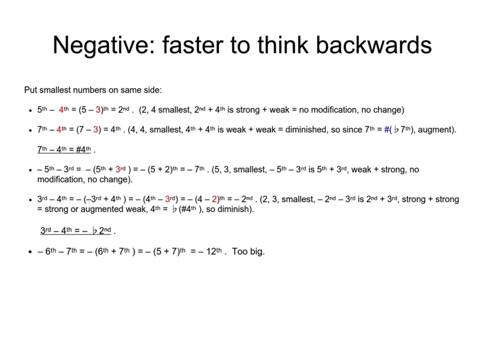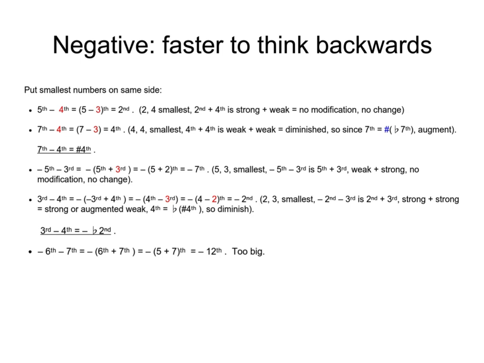In the fourth example, the smallest numbers are the 2 and the 3. Putting them on the same side, in a way that gets positive intervals, we get second plus third, that is a strong plus strong. That's either a strong or augmented weak.